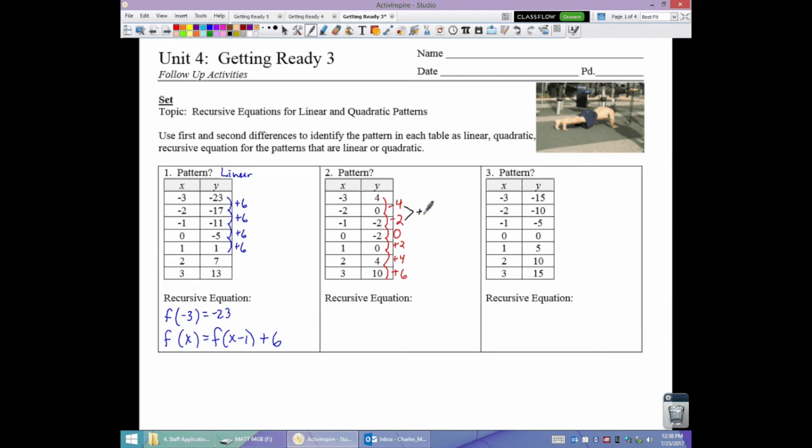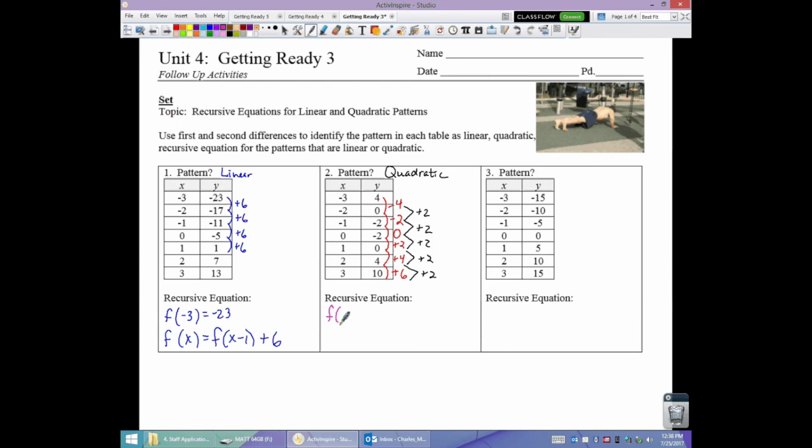From negative 4 to negative 2 is 2, then up another 2, up 2 more, and yes, this does fit the pattern of quadratic functions. Because our first differences are linear, these numbers in red form a linear pattern. The black numbers over here are a constant. So the second difference is constant, or the first difference is linear.